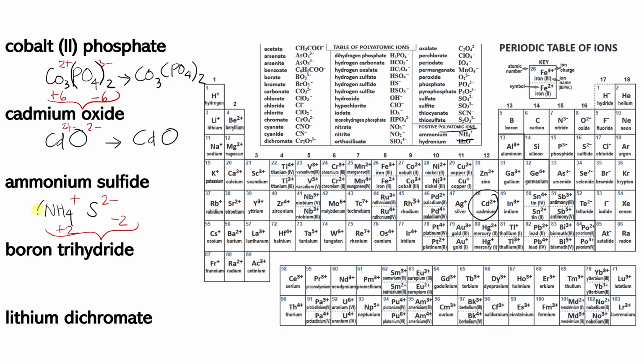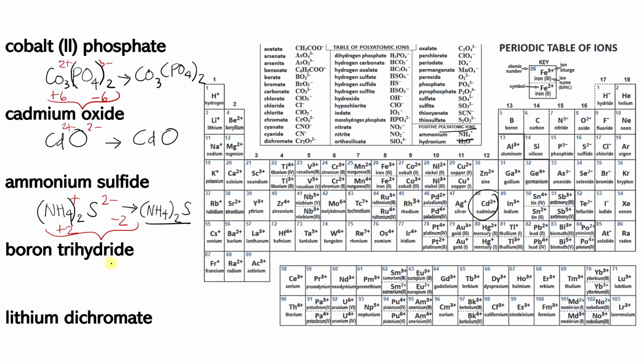So again, I need to put this one on a parenthesis, and then we put the subscript after the parenthesis. So again, for this one, we have NH4. Then again, we have dalawa. Then isang sulfide. Okay, so this is the chemical formula for this compound.